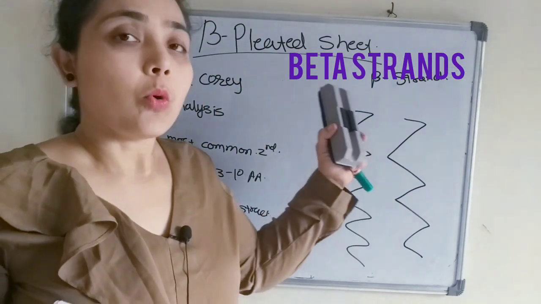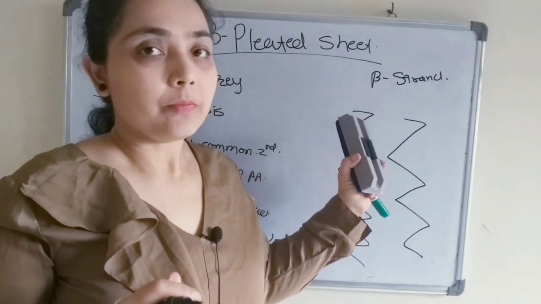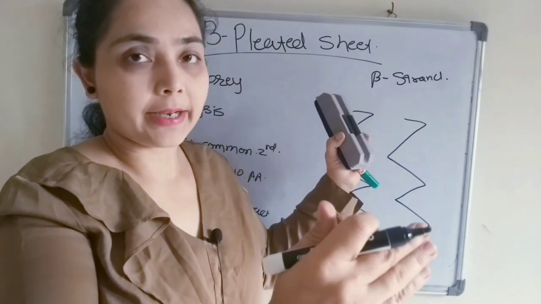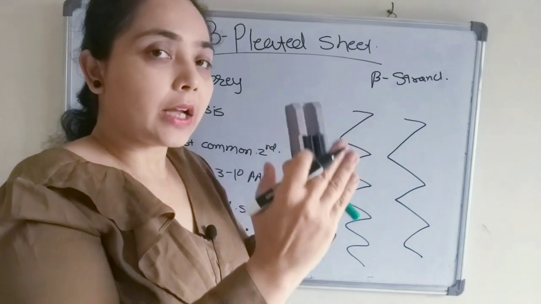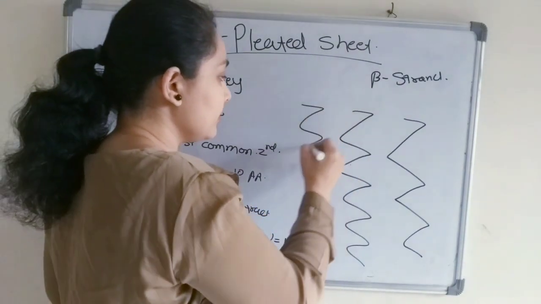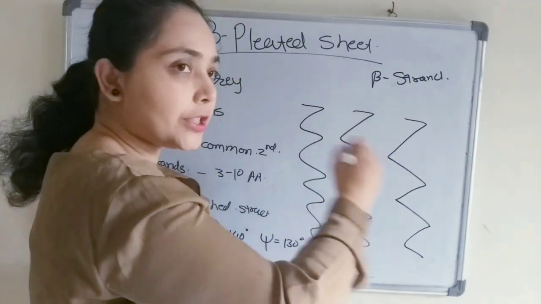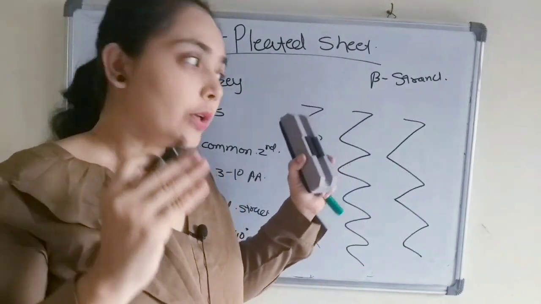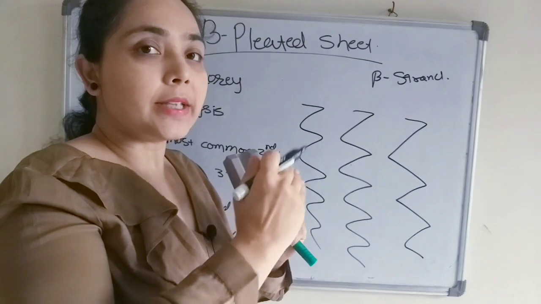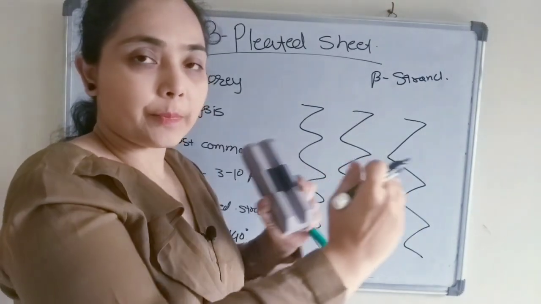Where two or more beta strands, the zigzag-like structures, come together, they are joined to each other by a hydrogen bond. So it will look like a series of pleats present together.